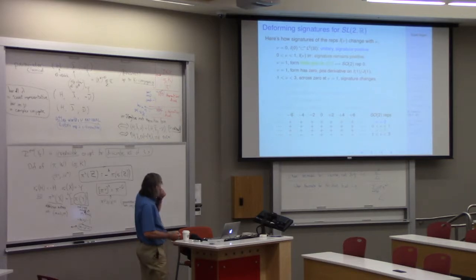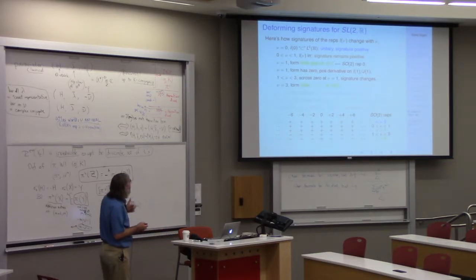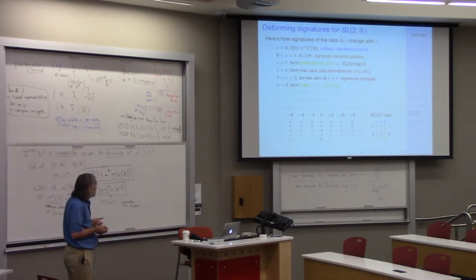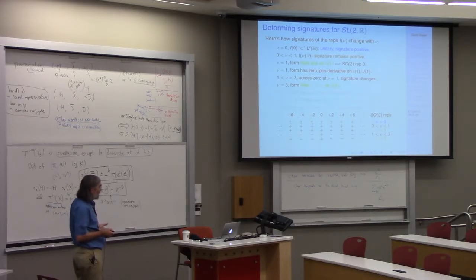Excuse me, at nu equals 3, what happens is that the Langlands quotient is this three-dimensional representation of SL2. It's the adjoint representation of SL2.